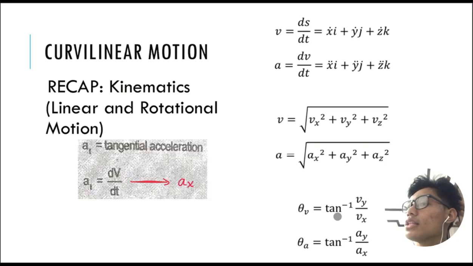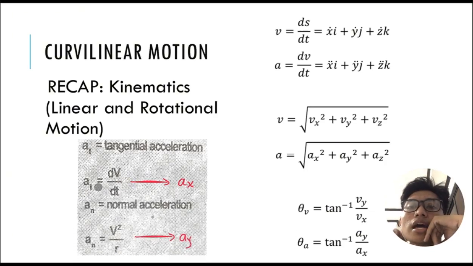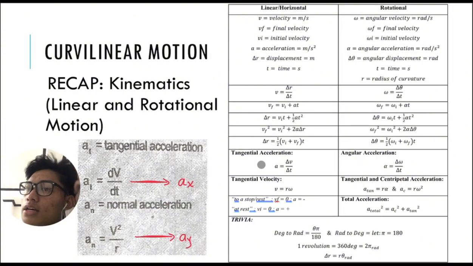So, ngayon, for additive lesson, concept rather, ito ay ginagamit for tangential acceleration or in terms of x. Then ito naman ay in terms of y. Normal acceleration, a sub y, a sub x. Ganun yun. So, for the expansion, ito lang yung ginamit kong table sa mga nakaraan kong video.